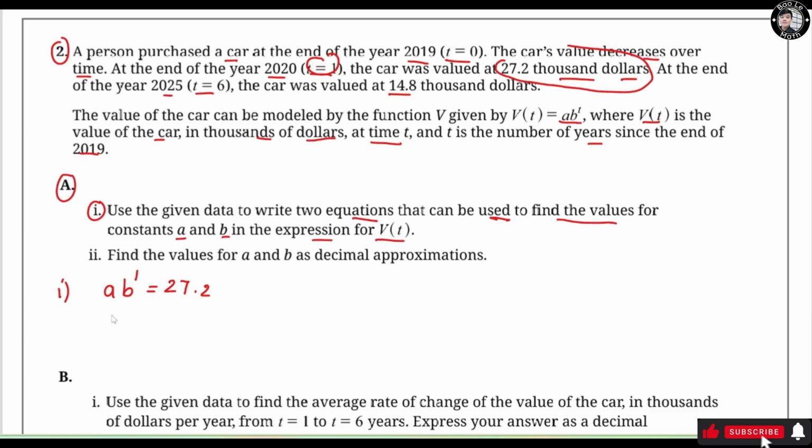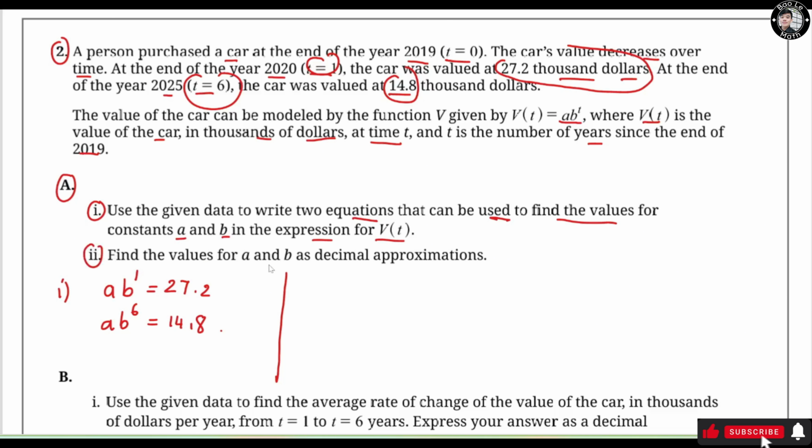And the second one, at t equals 6, the car value is 14.8, so a times b raised to the 6 equals 14.8.